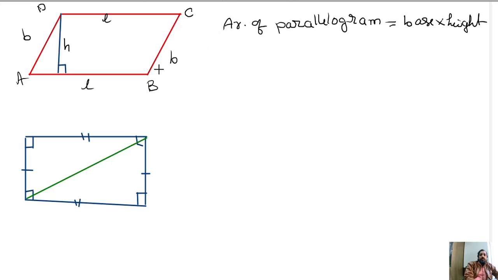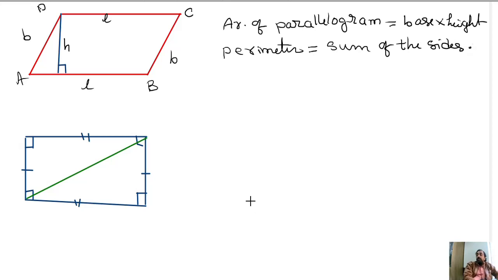Suppose if you have taken base as BC, you need to take the corresponding height. Now perimeter. So perimeter is equal to sum of the sides.